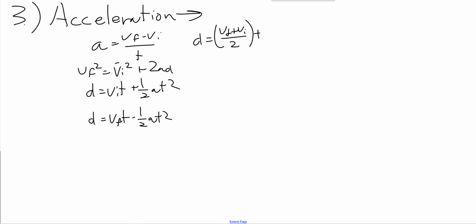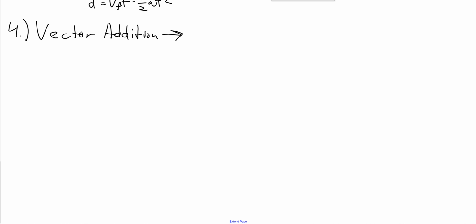All right. Then, vector addition. How do we add vectors? Tail to head, right, we draw them tail to head.